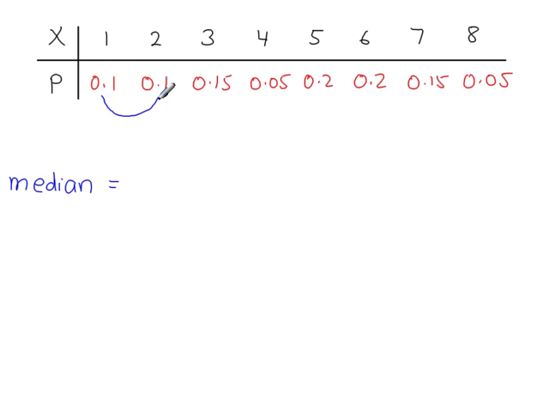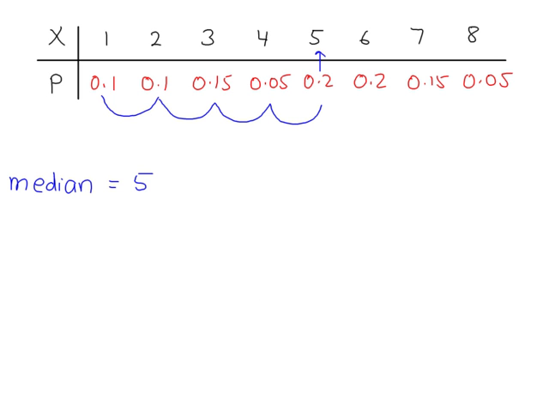So adding the first two here takes us to 0.2, add 0.15, that's 0.35 so far, add 0.05, so that's 0.4, so we're still not at 0.5. Add on the 0.2, and that takes us to 0.6. So we have reached or passed the 0.5 mark, so now we stop. This is the median. The median is 5.